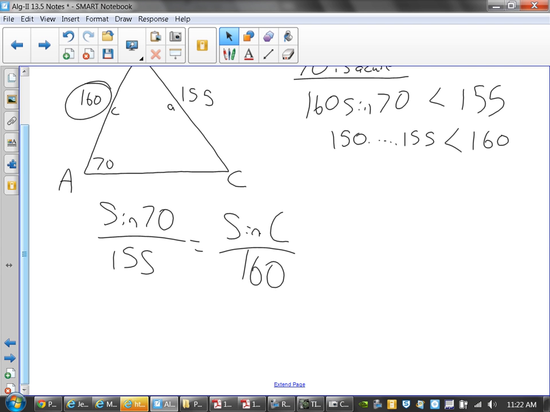So let's see, I get 160 sine of 70, hit enter. Divide that by 155. Inverse sine of that answer. 79.93? Yeah.